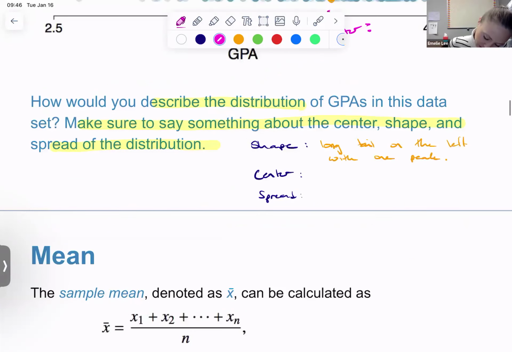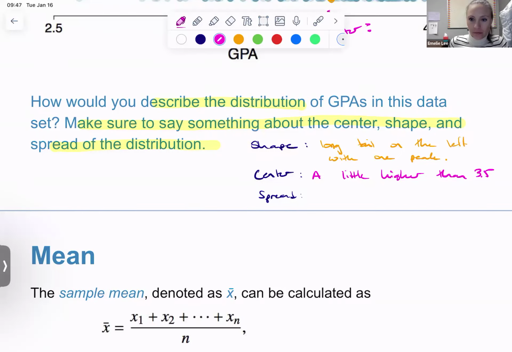So center a little higher than 3.5. I happen to know that it's 3.59 from the actual data.